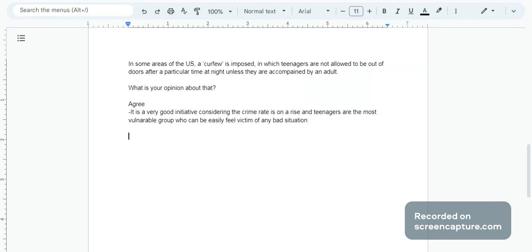So this would be our agreement paragraph, and the other one is going to be in review.